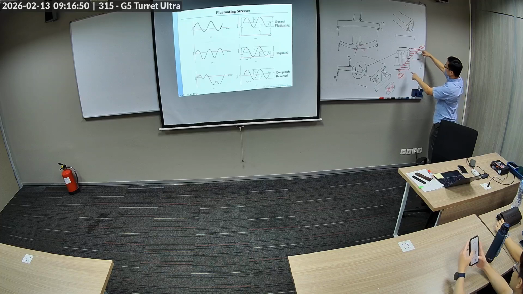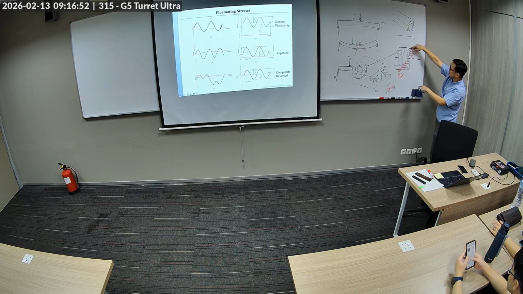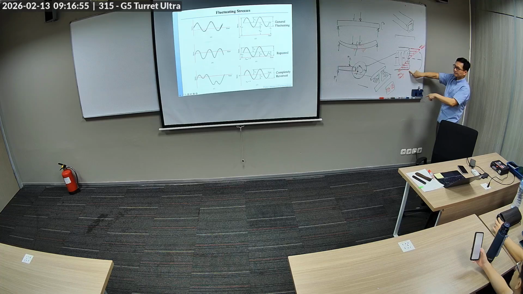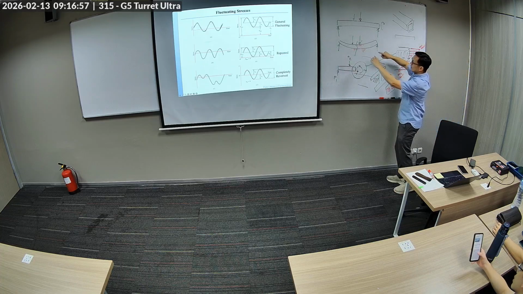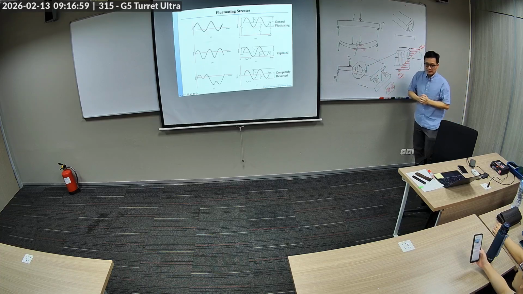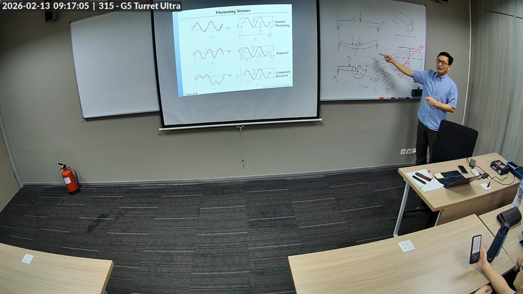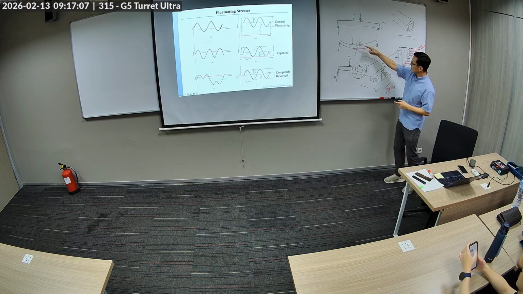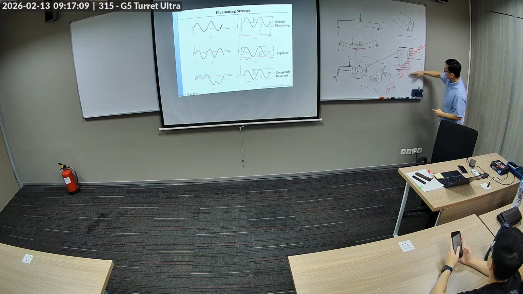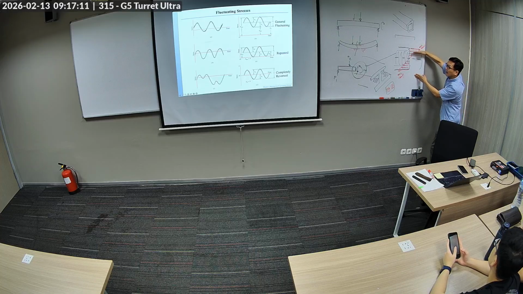Because of this, if you're here, you are in tension. If you're here, you're in compression. And the difference, compared to I-beams in buildings, is that this thing rotates. And so you're going from compression not directly to tension, you are actually gradually decreasing.